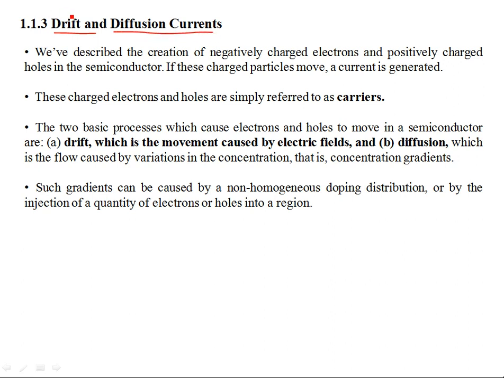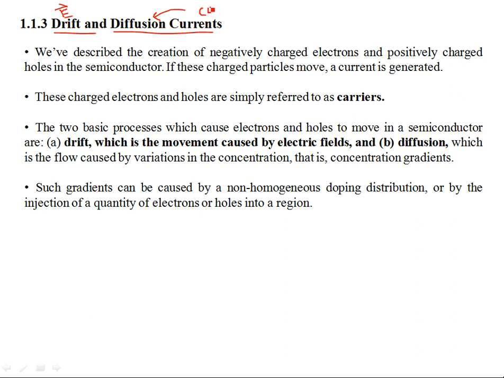As the name implies, drift is due to the applied E field in a semiconductor. Whereas the diffusion current has to do with the concentration of the dopings.